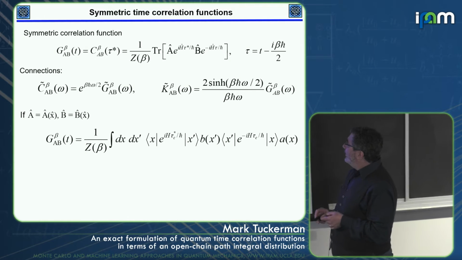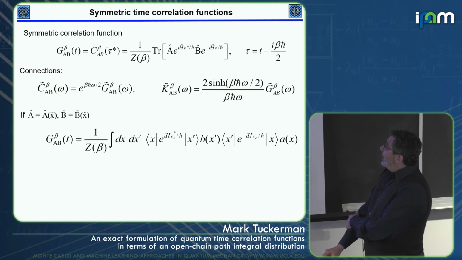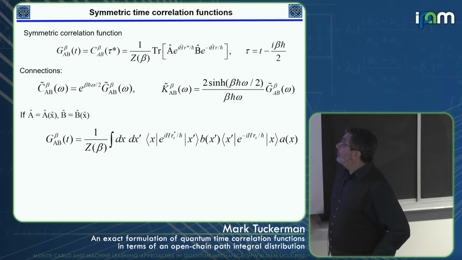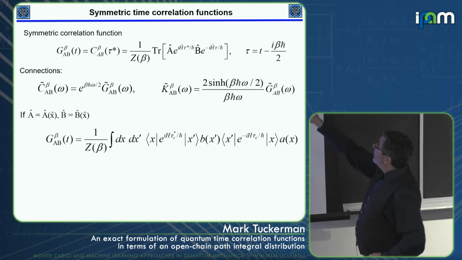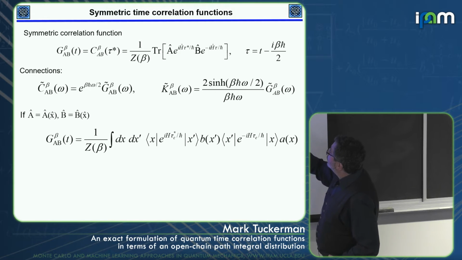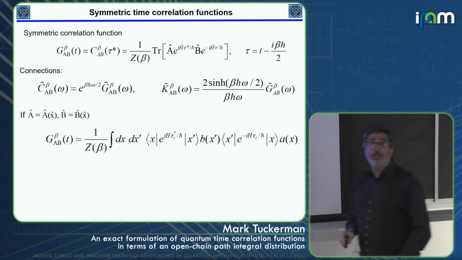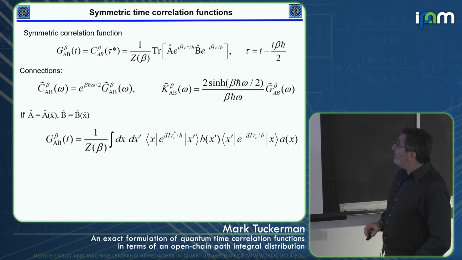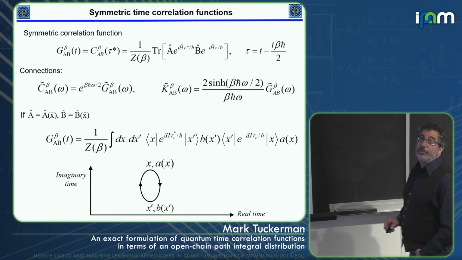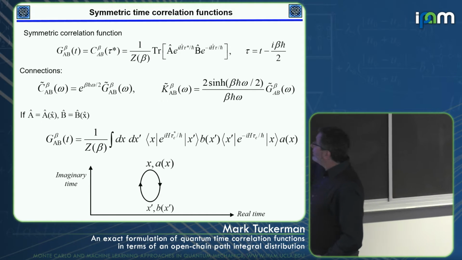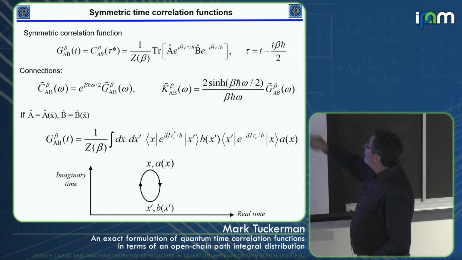Okay. Now, again, if your operators are functions of position, then you can separate off the terms like this. So you have matrix elements of these complex time propagators between x and x prime. And a nice way to visualize this is as follows. You start at x. You measure the operator A there.